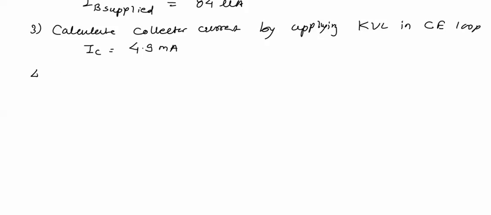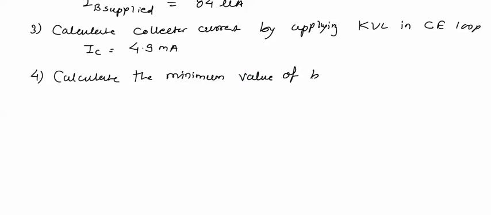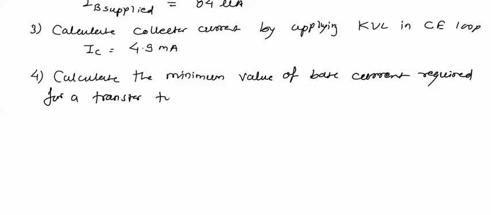Now in the fourth step, calculate the minimum value of base current required for a transistor to be operating in saturation.